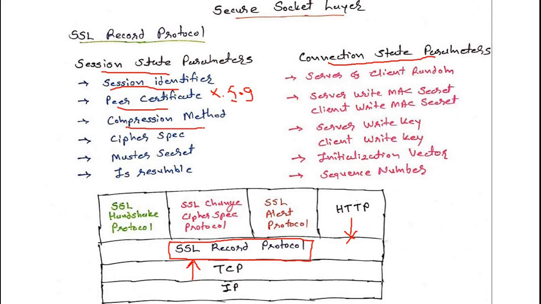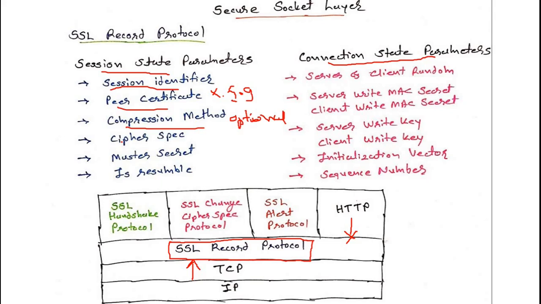Then comes the compression method. This is an optional field, not a compulsory field. Whenever we are using compression techniques, there is a need to mention the method we used during the compression of data. If we are not compressing data, there is no need to mention any method.